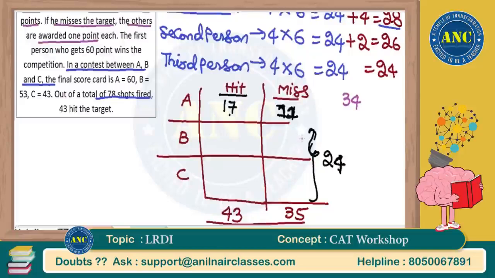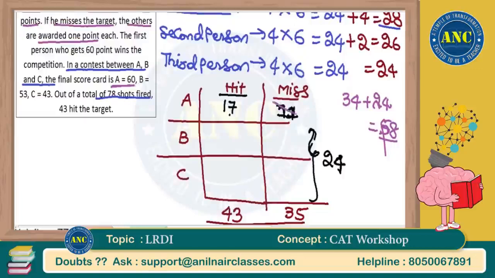If B missed the target or C missed the target, A will get 1 point. What is 34 plus 24? It is 58. But what is the score of A given in the question? A is 60. That means my assumption that A is the first person is incorrect.